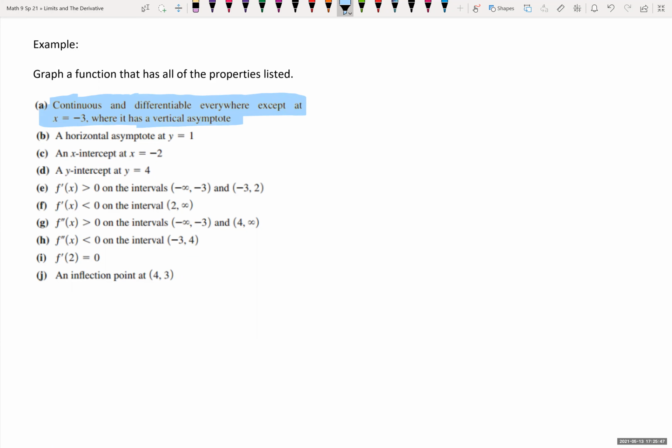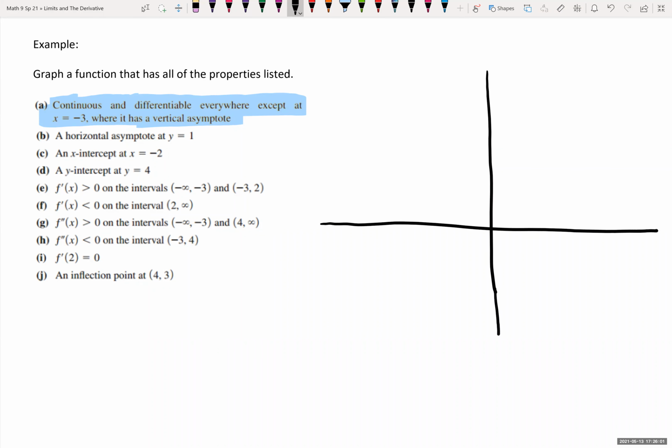Because it's continuous and differentiable everywhere else, I know that it's a smooth graph with no jumps, discontinuities or asymptotes, except at x equals -3, where it told me I had a vertical asymptote. So let's do our dotted line at x equals -3 to denote that.